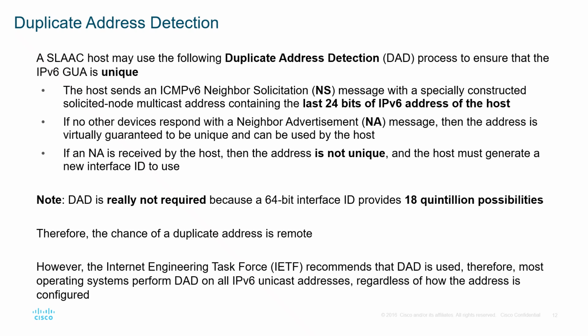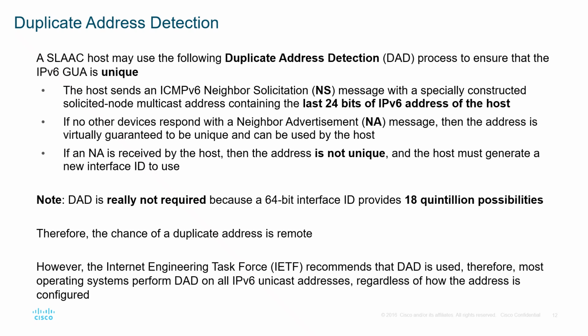If no other device responds with a neighbor advertisement message, then that address is virtually guaranteed to be unique and the host will use it. If, however, an NA is received by another host, then the address is not unique and the host must generate a new interface ID to use.